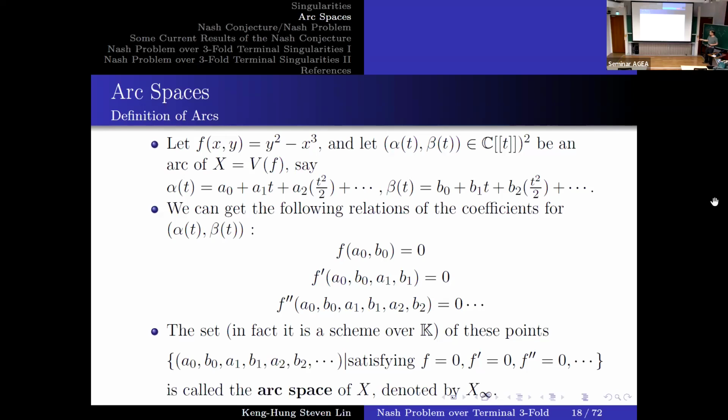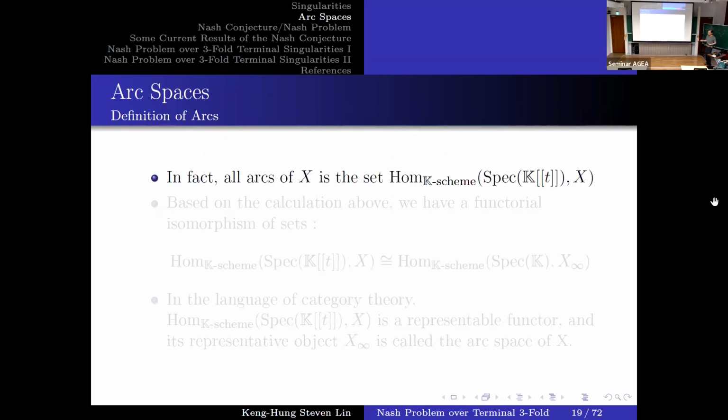If you know the language of functor of points, the arc space is collecting all the morphisms from Spec K[[t]] to X, right?